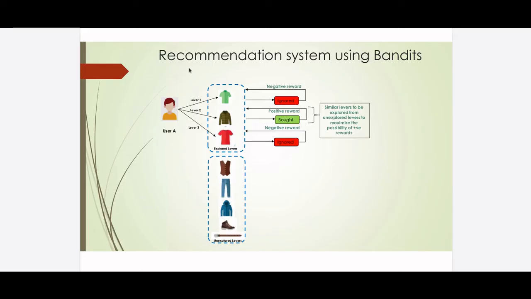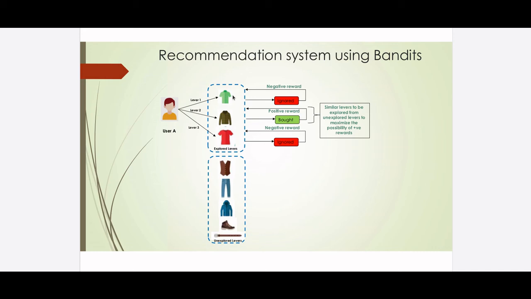As a final wrap up, let's connect the bandit problem with recommendation systems, and see how you make the parallels between them. The different products being recommended to a user are like your levers, the arms which you are pulling. Each arm has a certain kind of value.